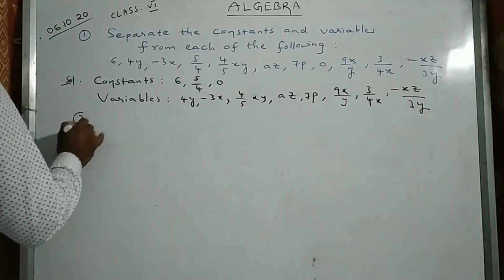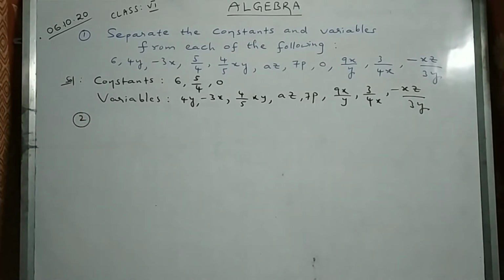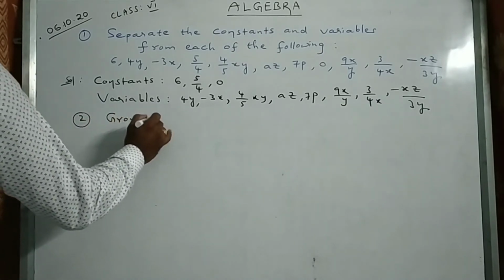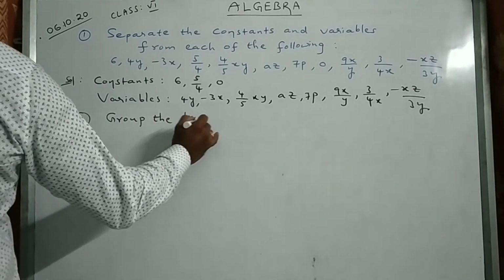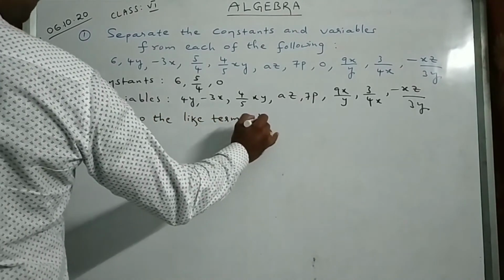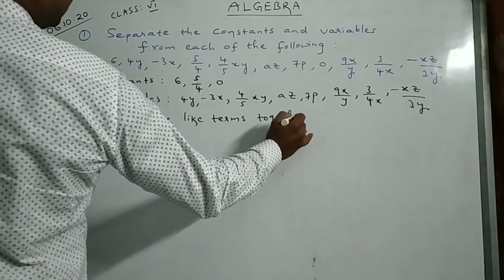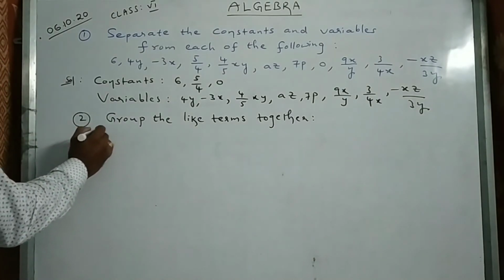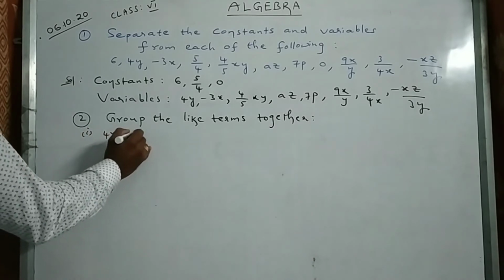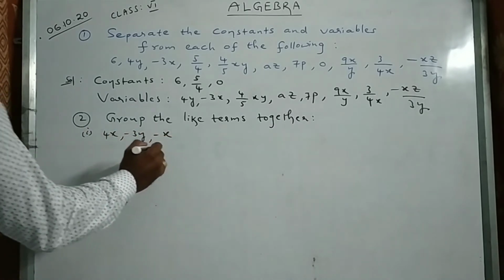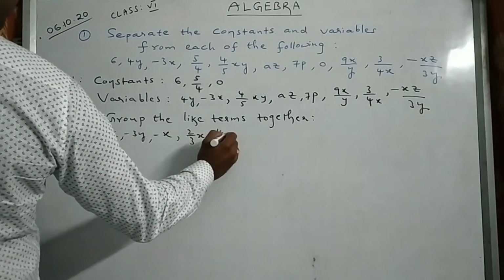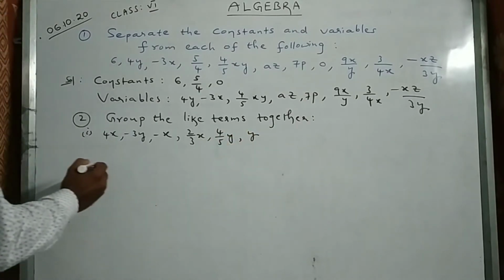Next question. Group the like terms together. Okay. See the question. Like terms and unlike terms, already I told you the concept. 4x, minus 3y, minus x, 2 by 3x, 4 by 5y, y. Okay.